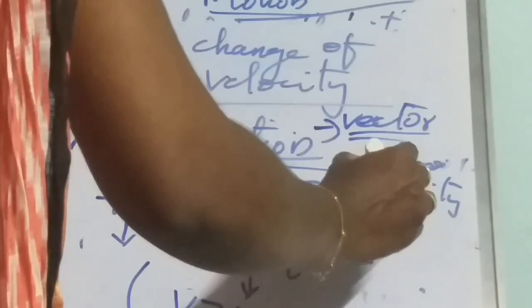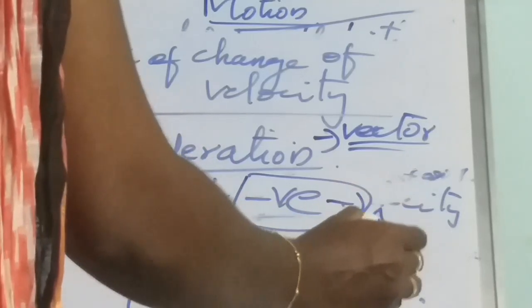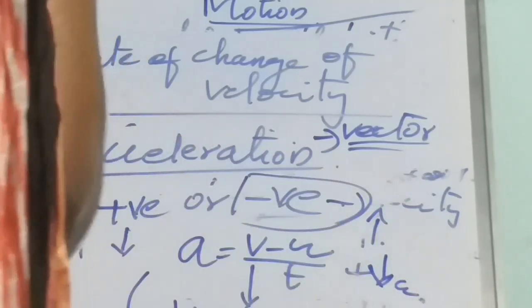In the case of negative acceleration, if the acceleration is opposite to the direction of velocity, we take the acceleration as negative. Suppose we throw an object upward. The velocity is in the upward direction and is going on decreasing, but the acceleration is in the downward direction.